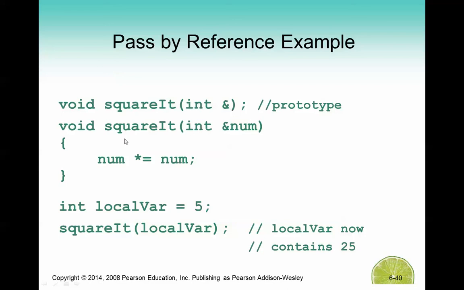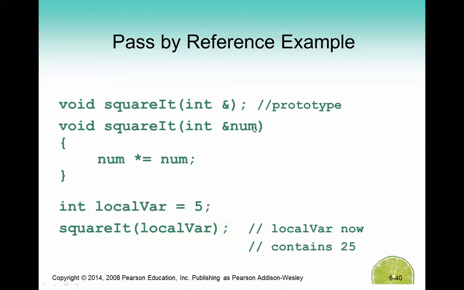The function itself is going to have the data type, the name square it, which is the name of the function, then int, and the ampersand has to be next to the name. This name was decided by the programmer that created this function. We can call it anything, right? I can call it X, I can call it numbered, I can call it digit.